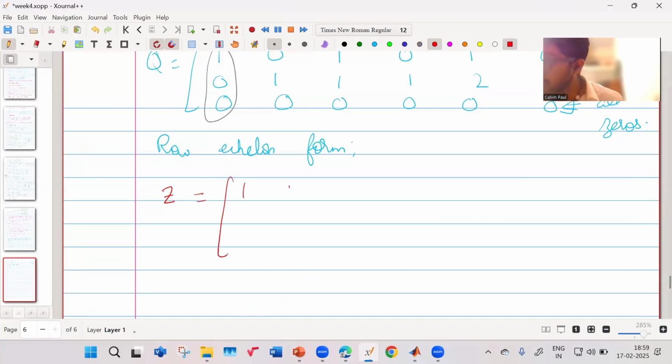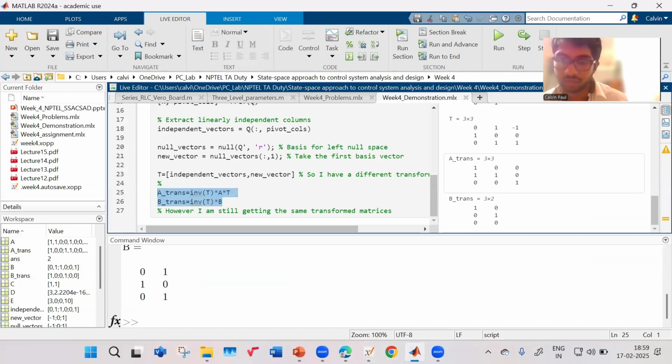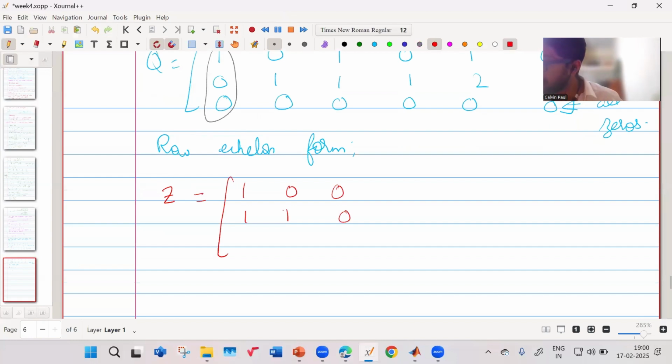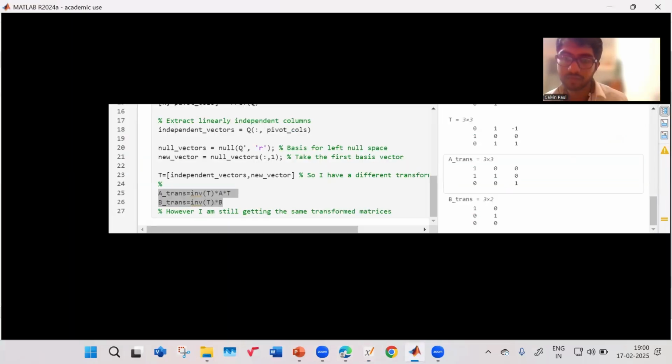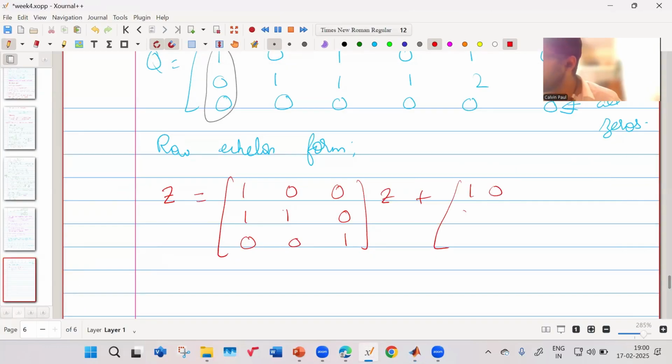So it is 1 0 1 1, 1 0 3 1 0 0 1 1 0 0 0 1, 0 0 1 into Z, and B transformed is given by 1 0 0 1 1 0 0 1 0 0 U, right?